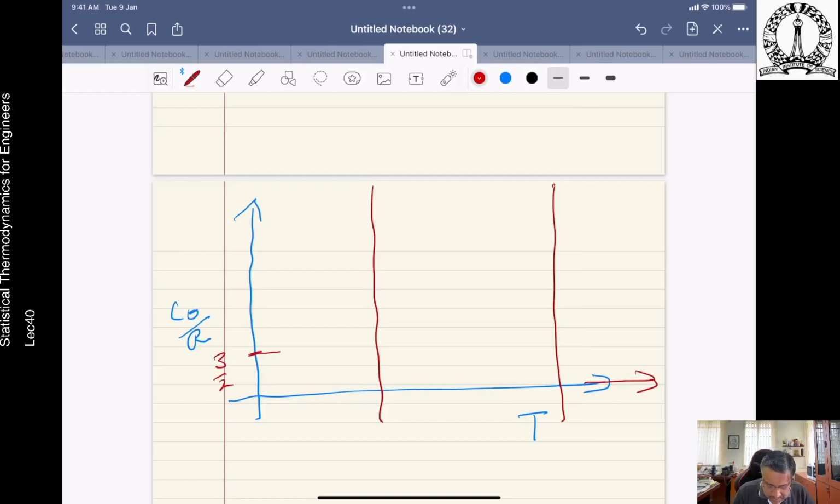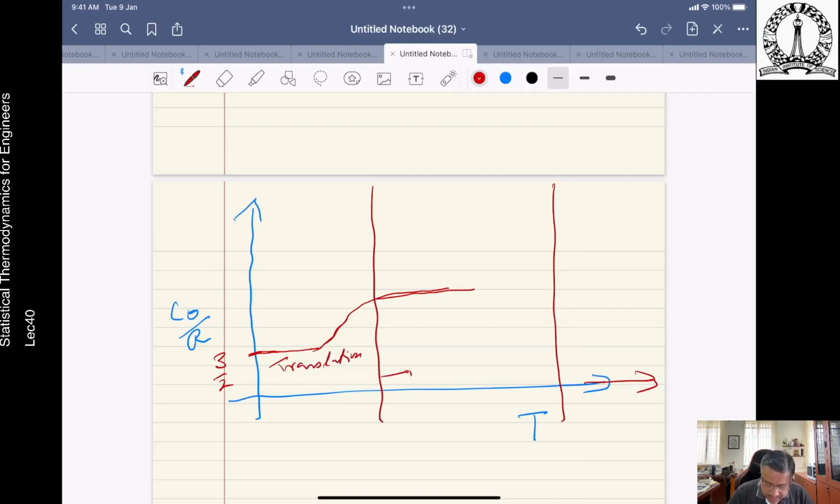This is pure translation. It starts here and then starts to pick up.